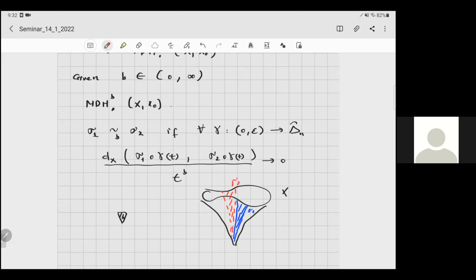If the distance between them is smaller than t to the power b, then I call sigma 1 b-equivalent to sigma 2.